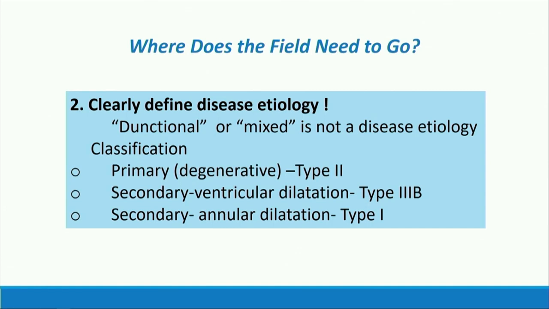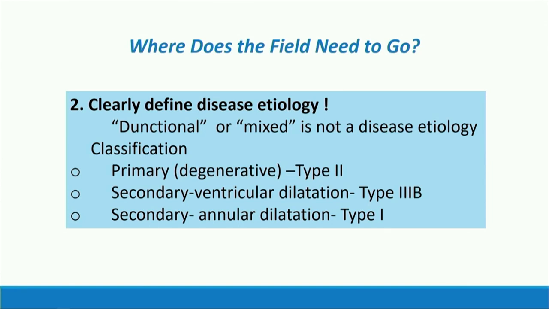That's Carpentier type 2. We have secondary due to ventricular dilatation and tethering of the leaflets. That's what Maurice called FMR-V. And we have secondary due to annular dilatation or Carpentier type 1.